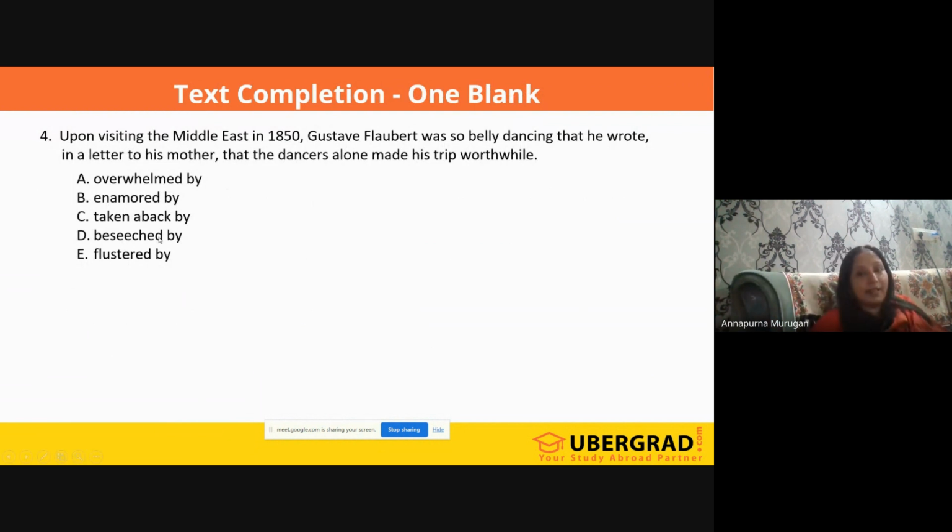Your blank is here, guys. After "so" is the blank. Okay. Upon visiting the Middle East in 1850, somebody, Gustav Flaubert, was so dash by belly dancing.